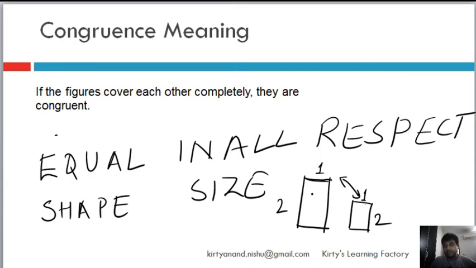When I place this over here, some part of the larger figure will be overlapping outside, and the smaller figure will not be able to cover the larger figure. Therefore these two figures will not cover each other completely, and hence they will not be congruent. So two things: shape has to be same and size has to be same.